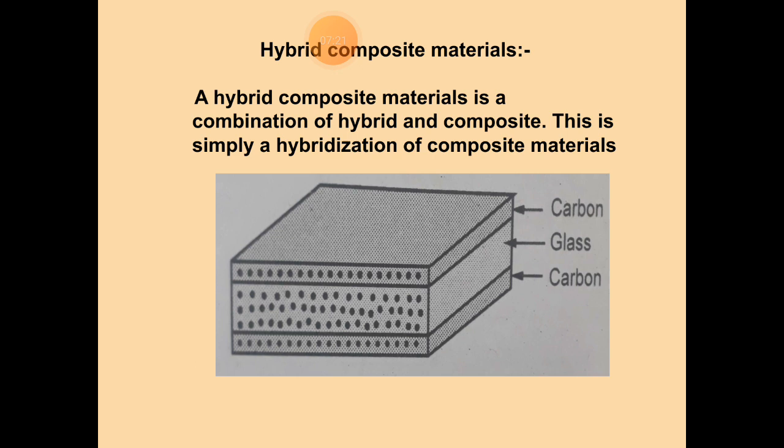An example is the carbon and glass fiber hybrid composite shown here: carbon, glass, and carbon. It is a schematic of a hybrid laminate composite containing carbon and glass fiber.